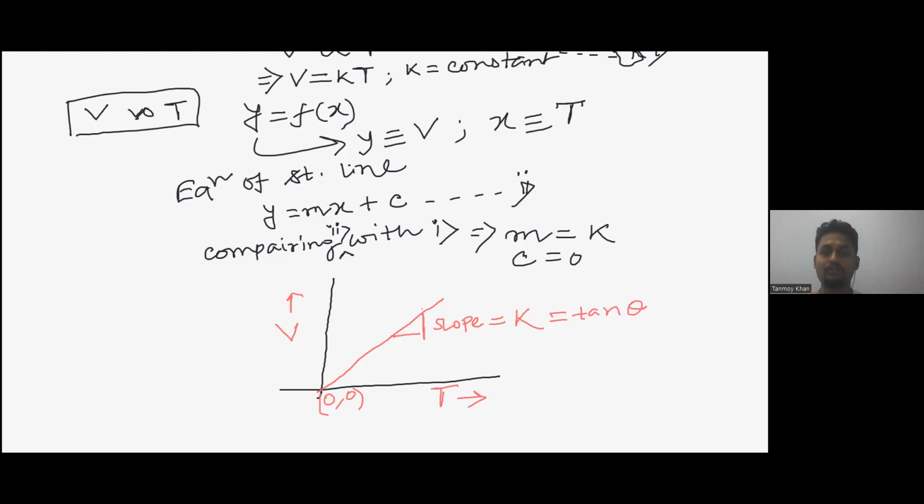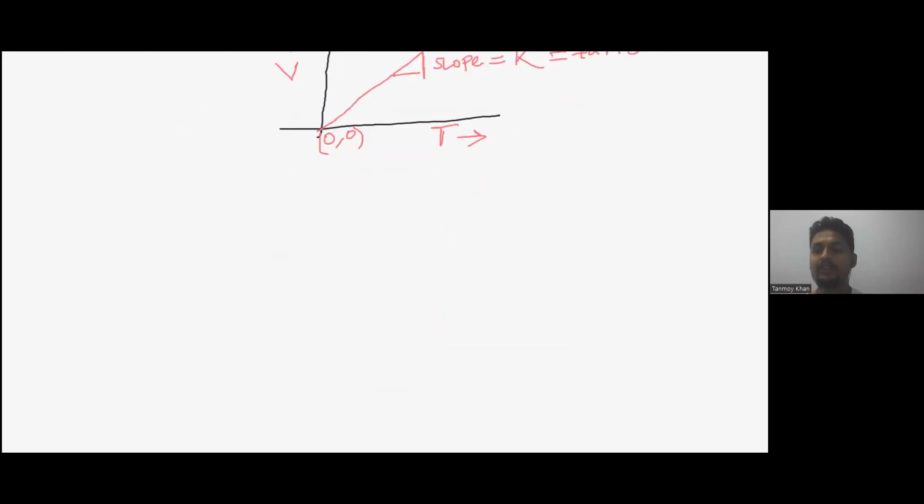So Charles law is very simple. If someone asks how V will vary with temperature, you can simply draw a straight line and it will explain the query.